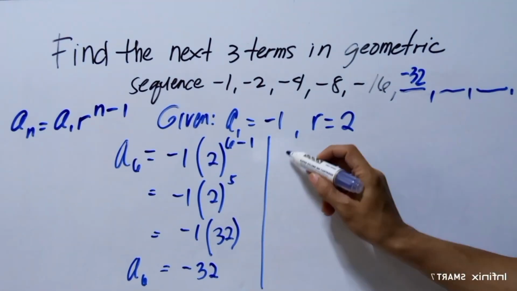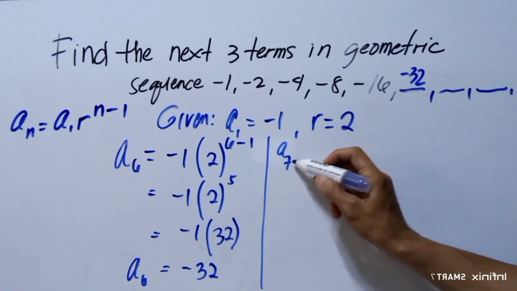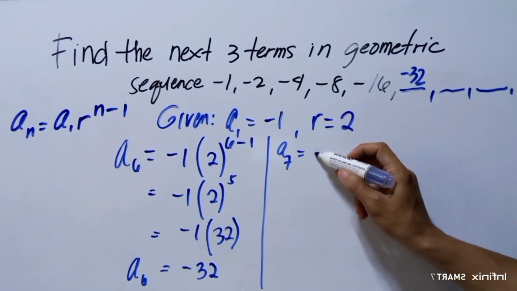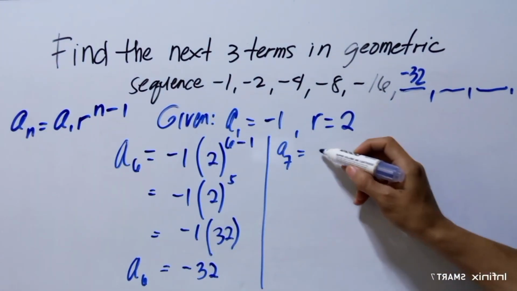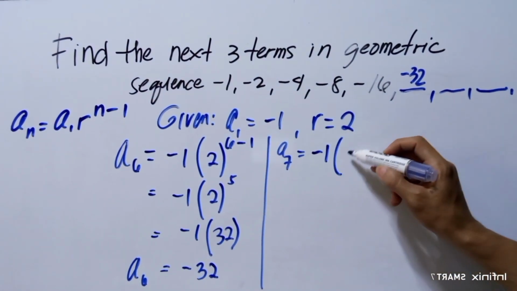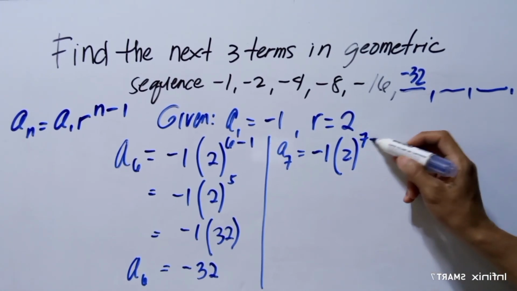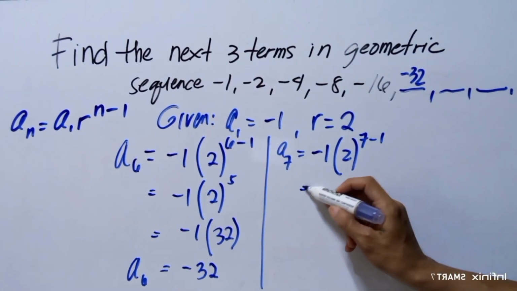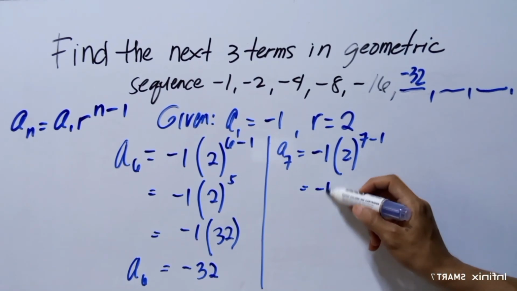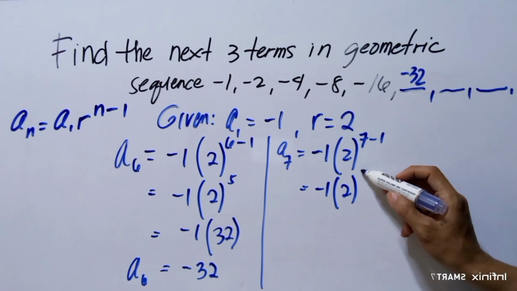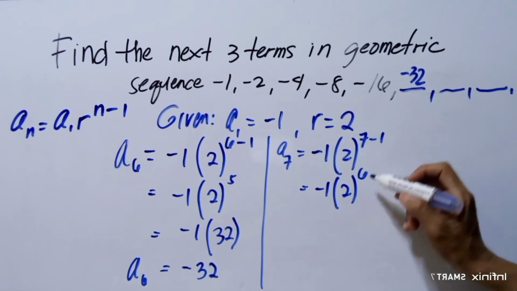Okay? Then, yung a sub 7 na pang 7th term equals, dito na tayo ha. So, yung a sub 1 natin is negative 1 times 2 raised to the power of 7 minus 1. Equals negative 1 times 2 raised to the power of 6. 7 minus 1 is 6.